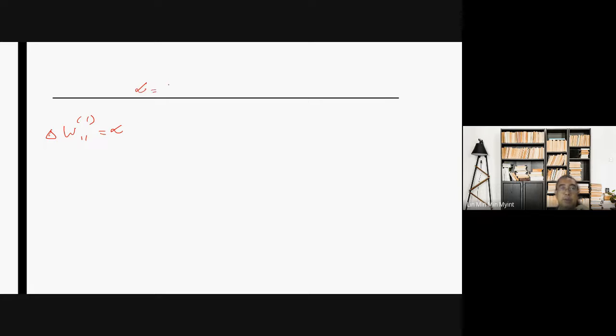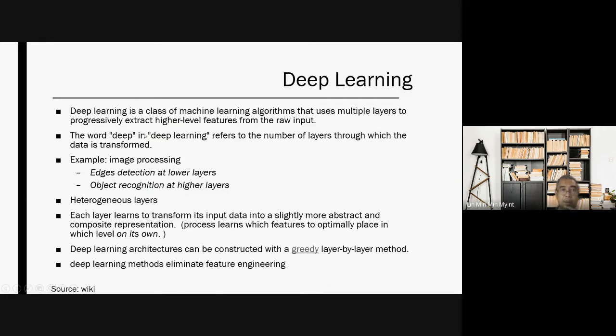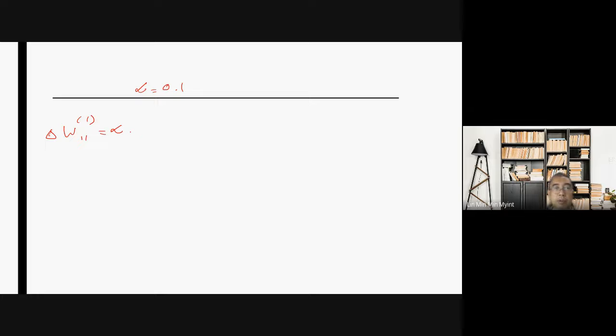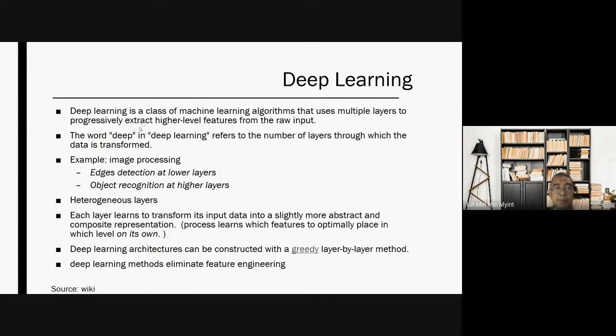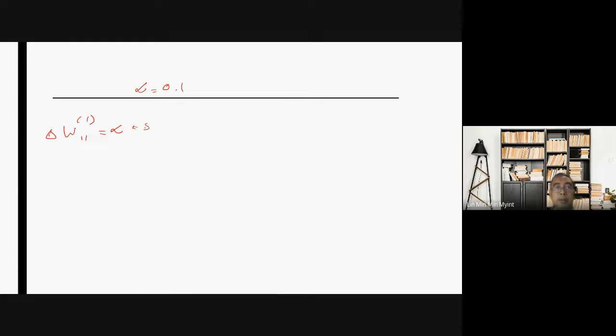We will use the same rate, 0.1, multiplied with sigma 1, 2, multiplied with H1.